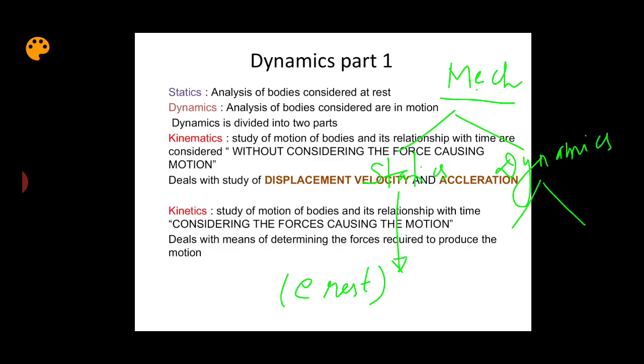Now we'll consider dynamics. Dynamics is further classified into two parts, that is kinematics and kinetics. Now let us understand what is kinematics and kinetics.